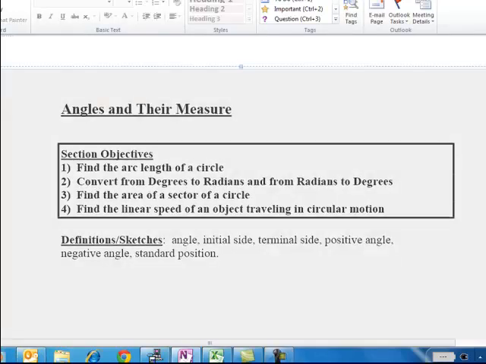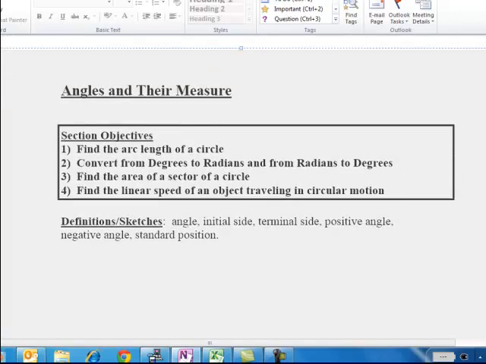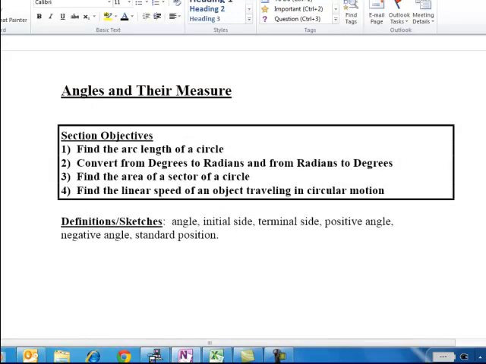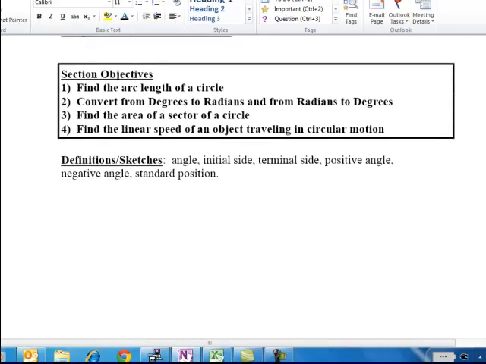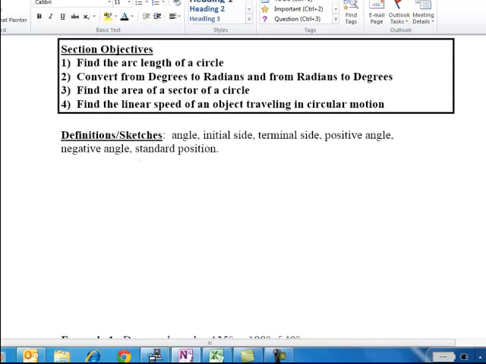So first we just need to develop some terminology for angles and how we talk about them. What I'm going to sketch here will describe the definitions of an angle, an initial side, a terminal side, positive angle, negative angle, and the standard position.